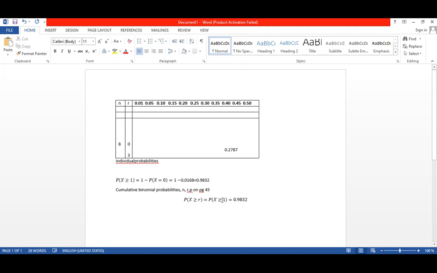You notice that N is 8, R is 1, and P is 0.4. The point of intersection of those three will give us that value directly. I don't know if you have understood it. If you don't have the logbook, you'll check after.